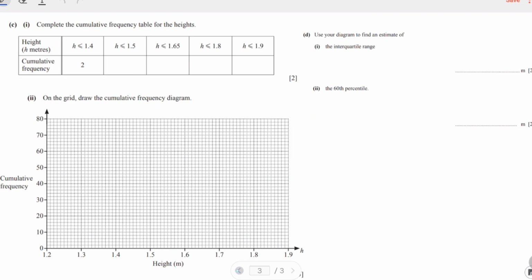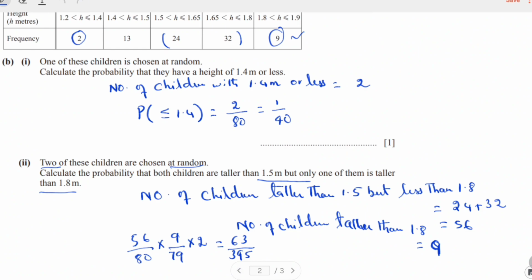Here we are supposed to find the cumulative frequency of the table. We use the original table to find this. The cumulative frequency is nothing but adding the first and the second, likewise. So 2 plus 13 gives us 15. Now if I add this, I get 39.